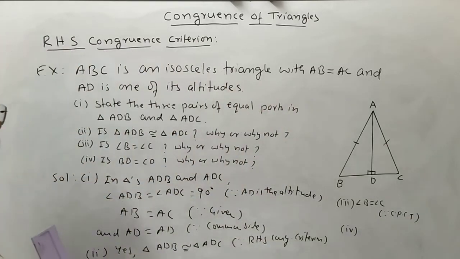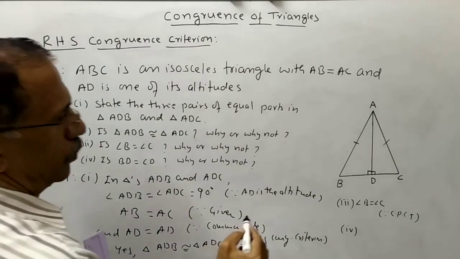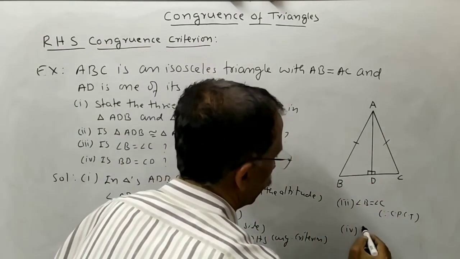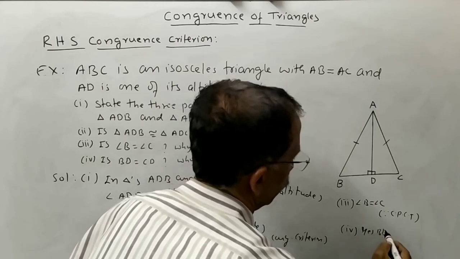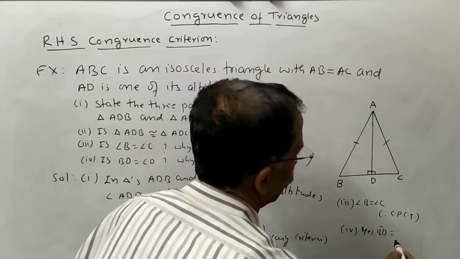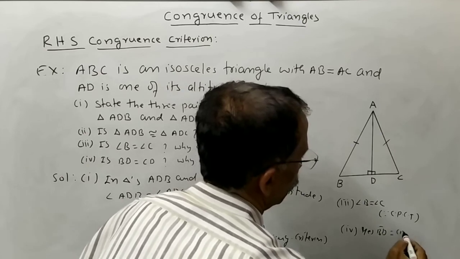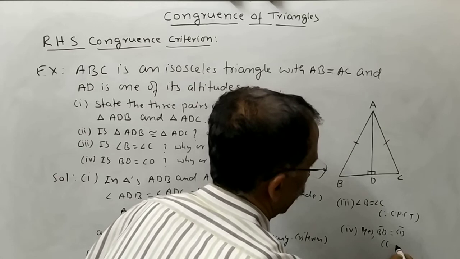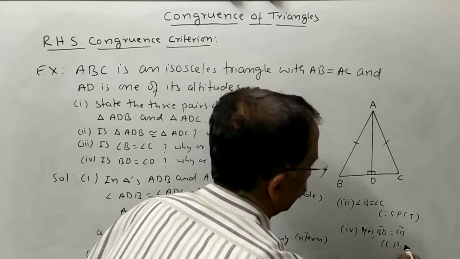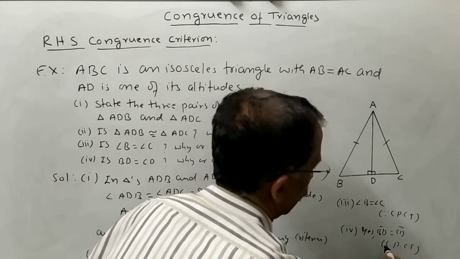Fourth one. BD. Yes, BD is equal to CD. Again, corresponding parts of congruent triangles.